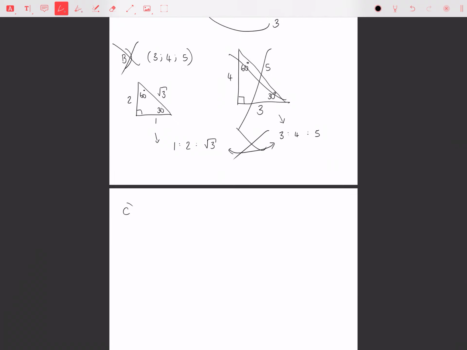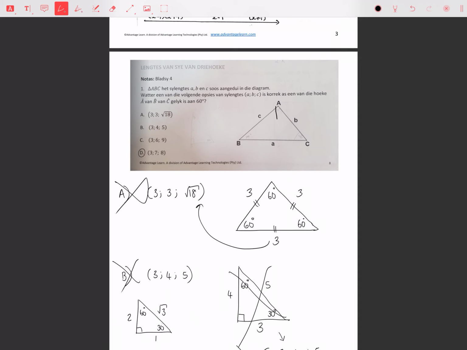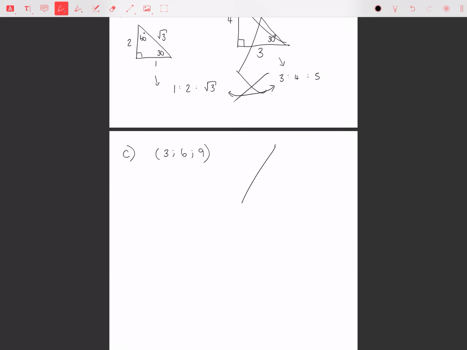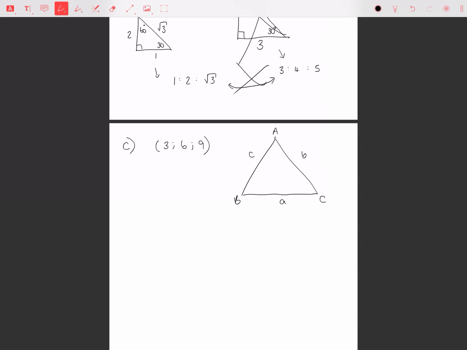We then move on to C, which says that our sides are 3, 6, and 9. This is where you're using your notes on page 4. And what that said is, so let's draw a random triangle. So a triangle ABC with sides A, B, and C. It says that any of the sides must be less than the sum of the other two sides.